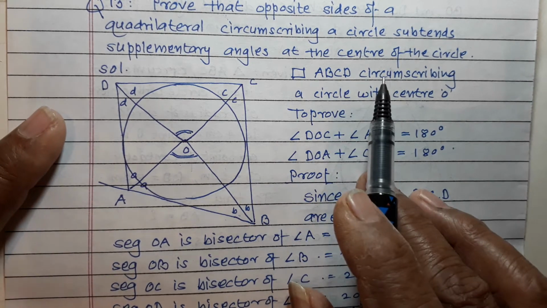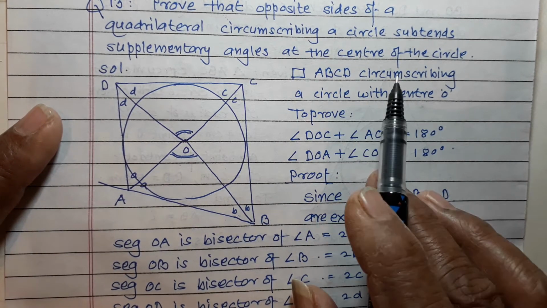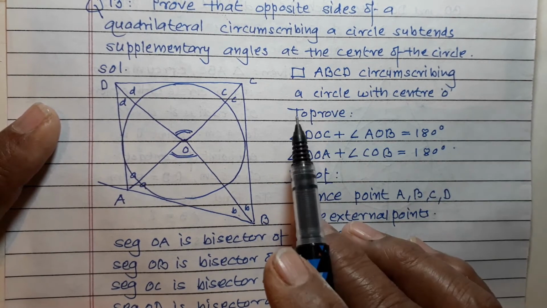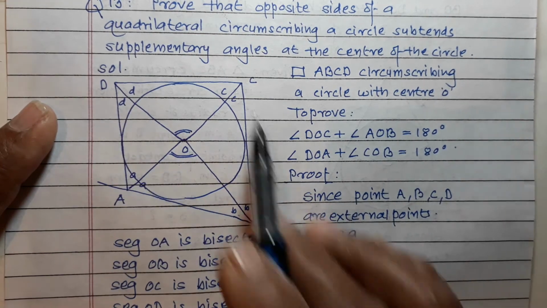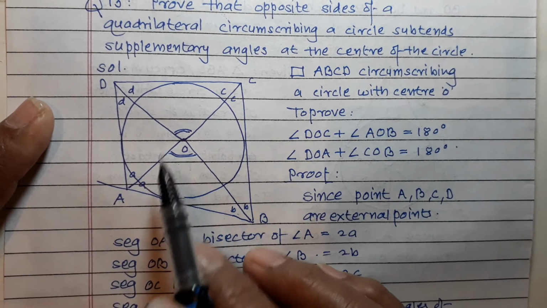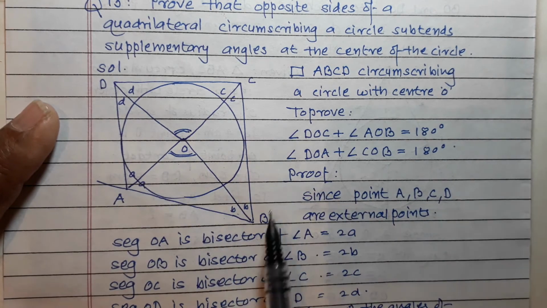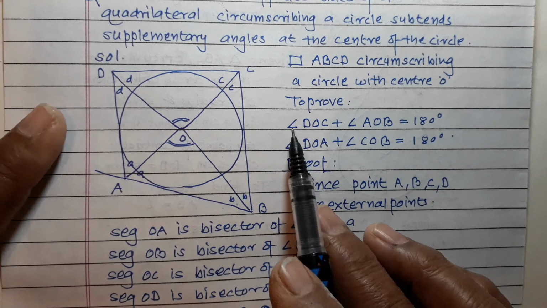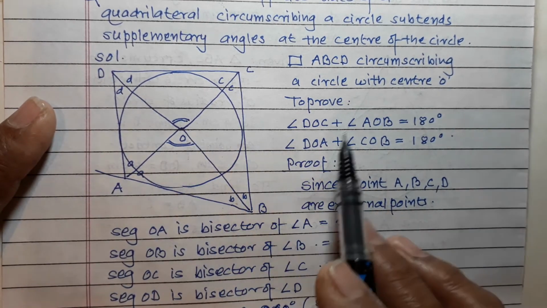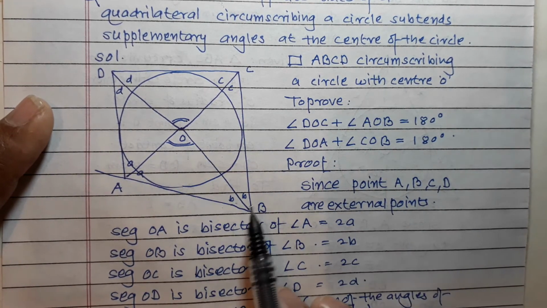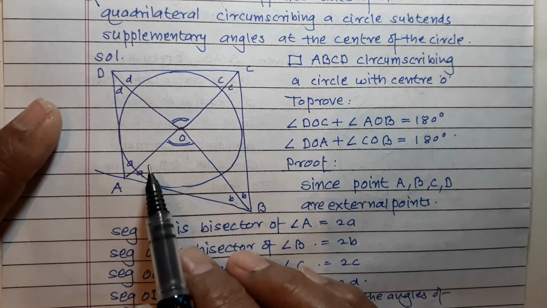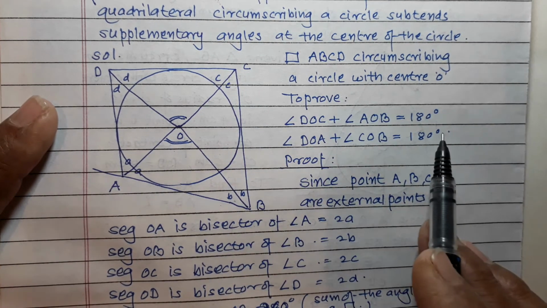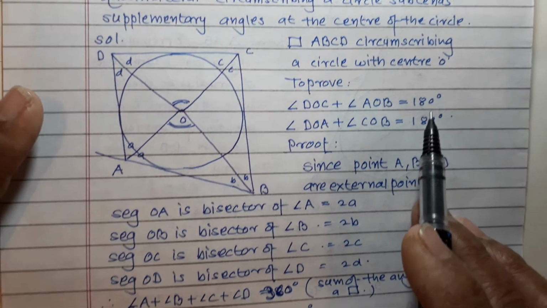Quadrilateral ABCD circumscribing a circle with center O. So this is a quadrilateral. This is a circle inside the quadrilateral. So all these sides are tangent to the circle. To prove angle DOC plus angle AOB is equal to 180, and angle DOA plus angle COB is equal to 180. So they are supplementary.